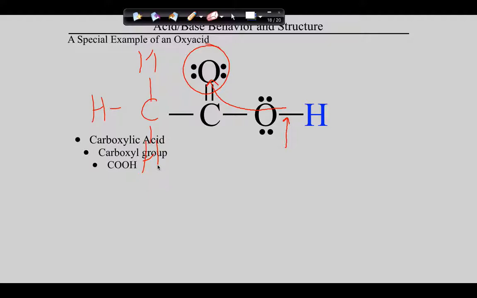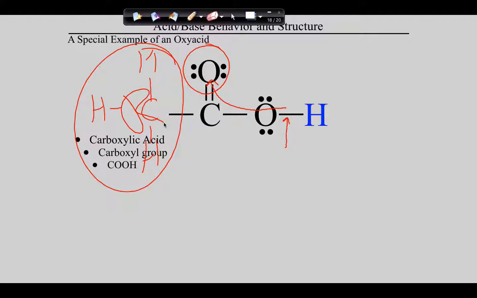But guys, it doesn't stop there. If we tag, and you'll find out in organic chemistry, they call these R groups, if we tag the right R group on this, you can make lactic acid, citric acid, deoxyribonucleic acid, DNA.